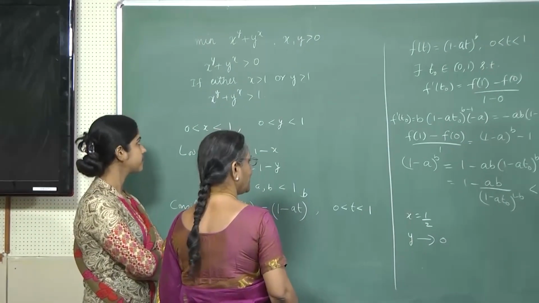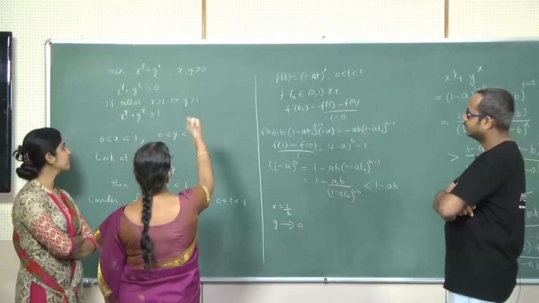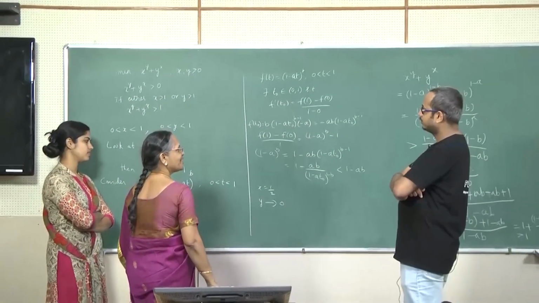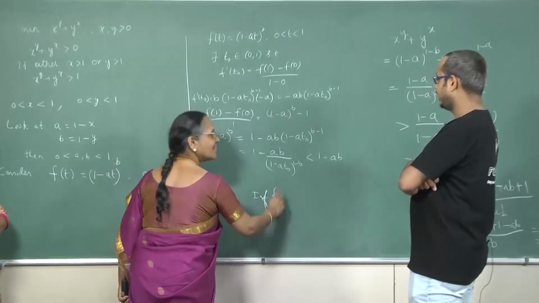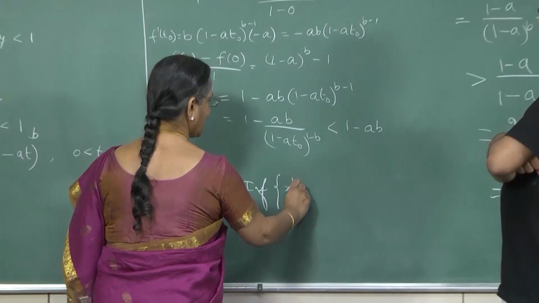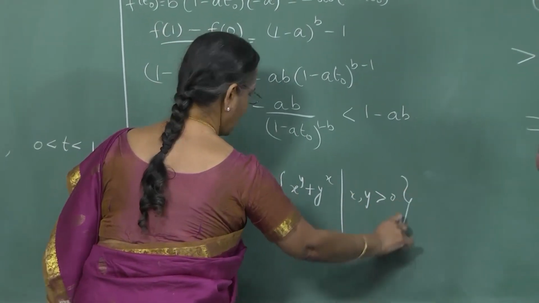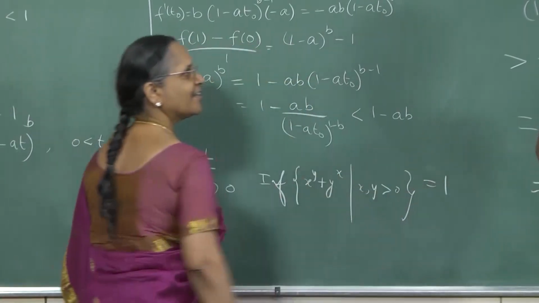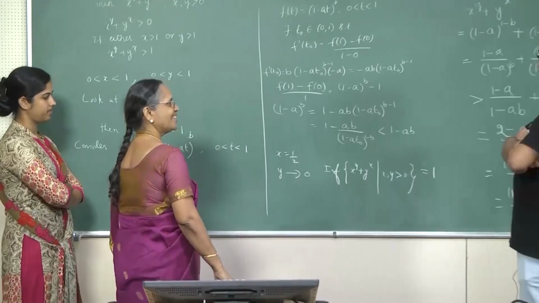Therefore, since both x and y are positive, we conclude that the infimum of the set of numbers x power y plus y power x for x, y greater than 0 is 1, and this is what you were asked to show.